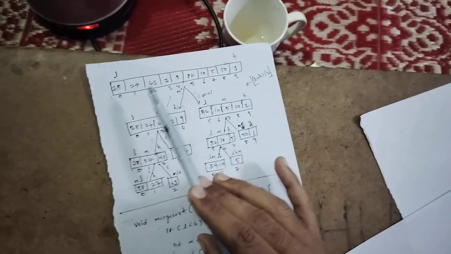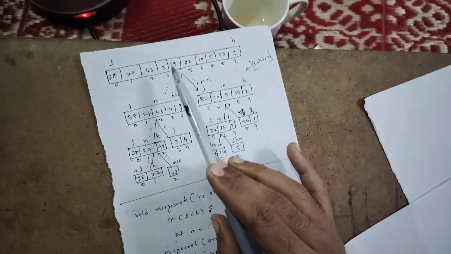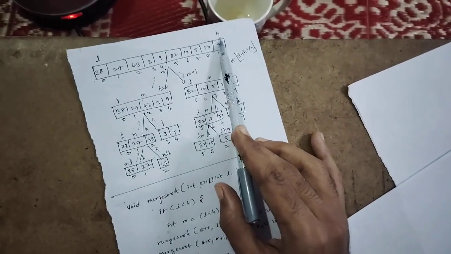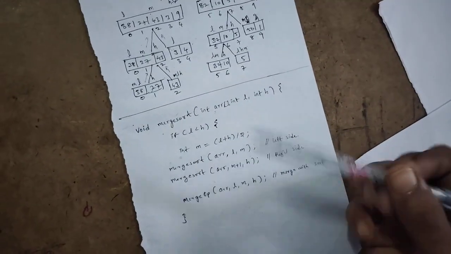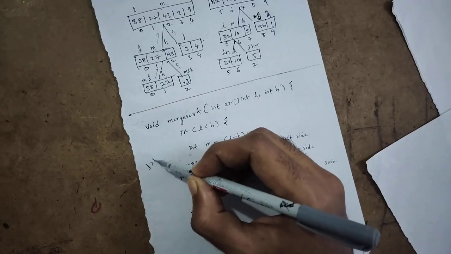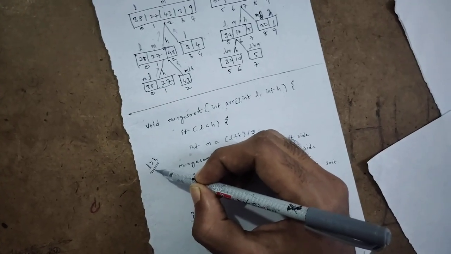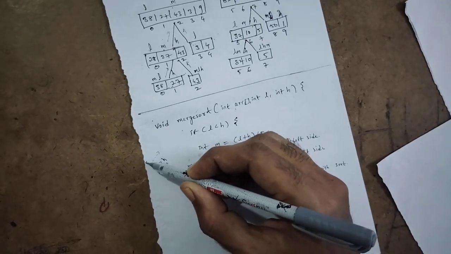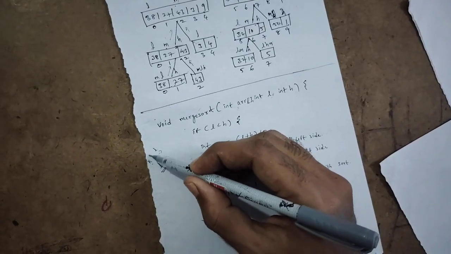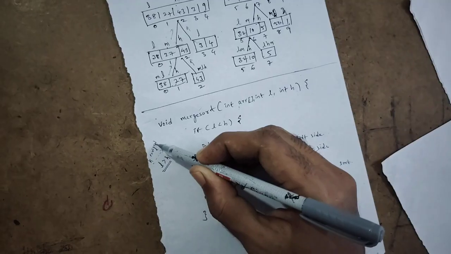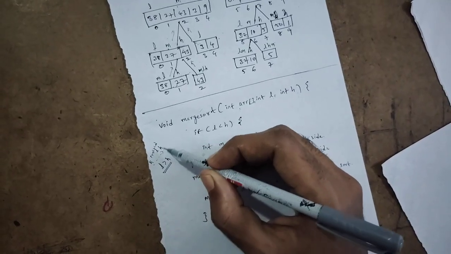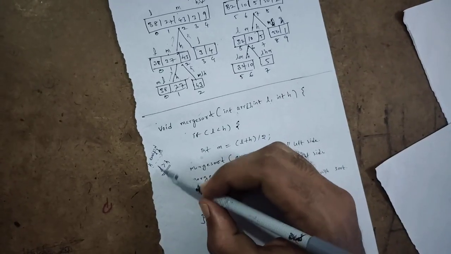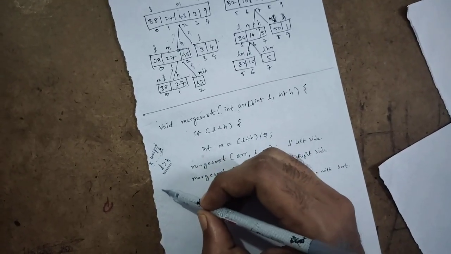If L is greater than H, L has already crossed H, so there is no merge sort needed.